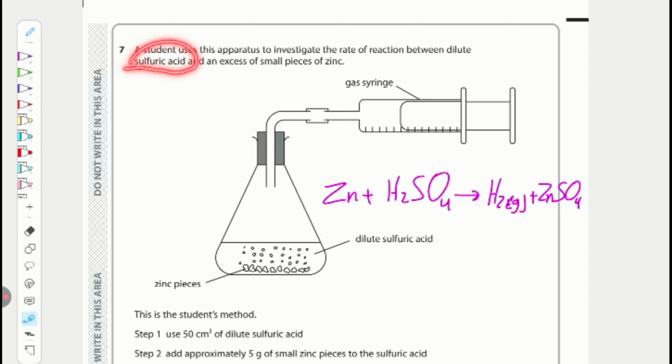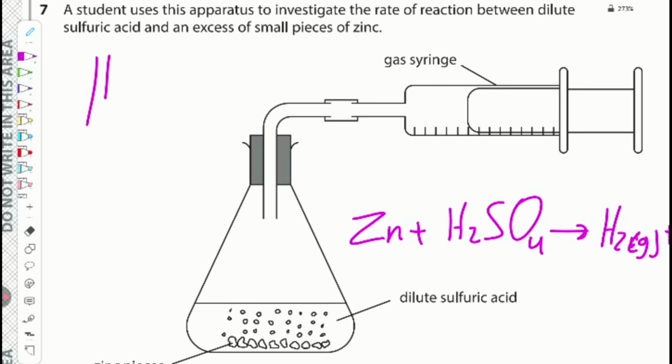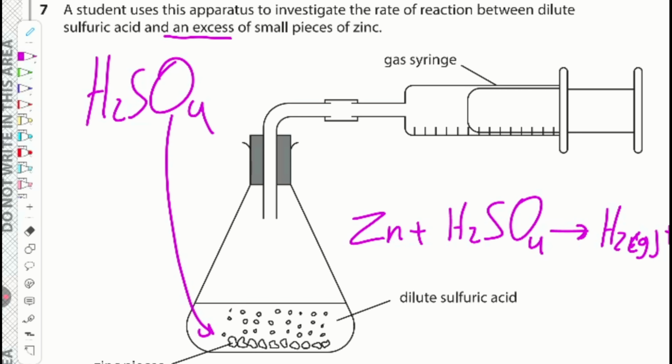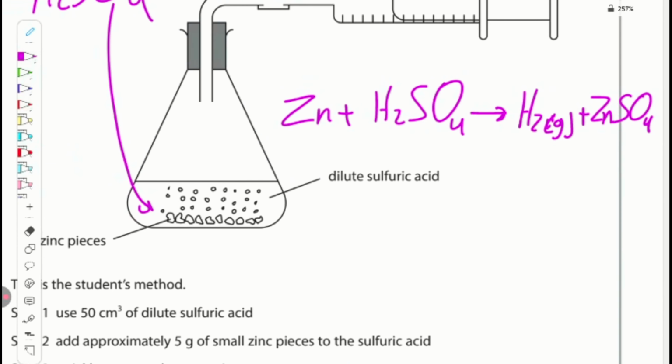diluted sulfuric acid. So here we have diluted sulfuric acid, H2SO4. This is the sulfuric acid here. And excess means we have extra amounts of zinc.